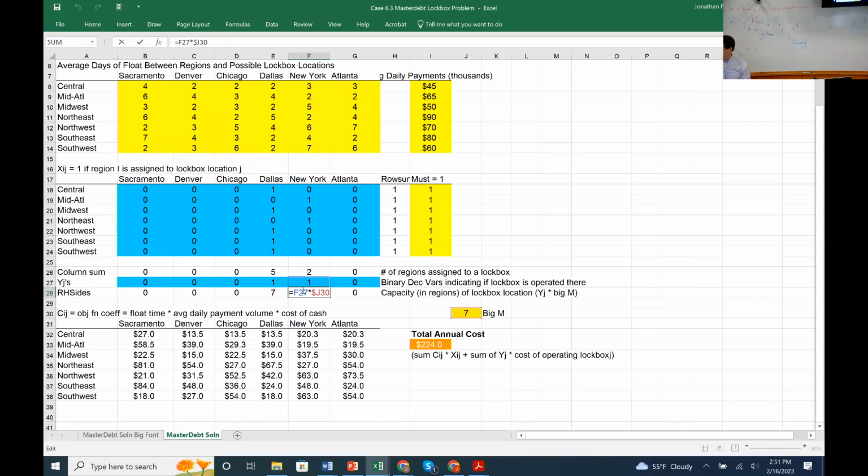Two more little points. One is, how does the credit card company get people to cooperate? I mean, from my perspective, if I'm living in the Southwest, I'd much rather mail my check to New York because I don't want my check to get deposited quickly.